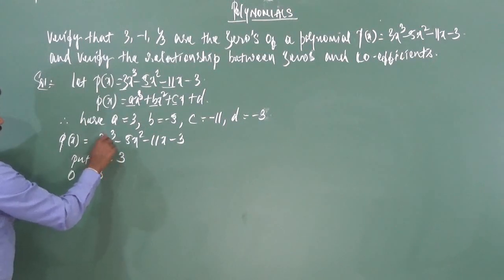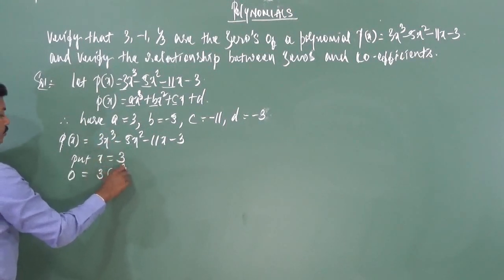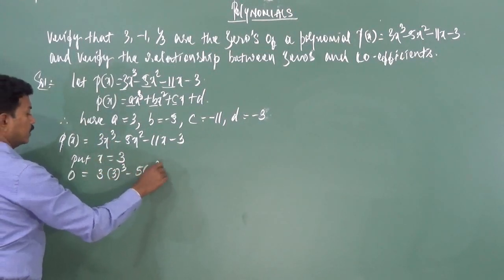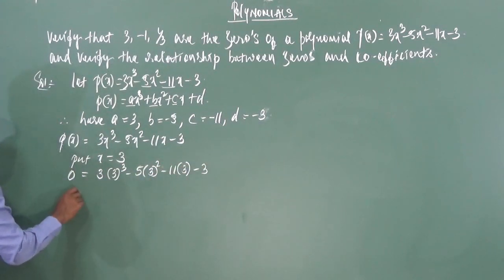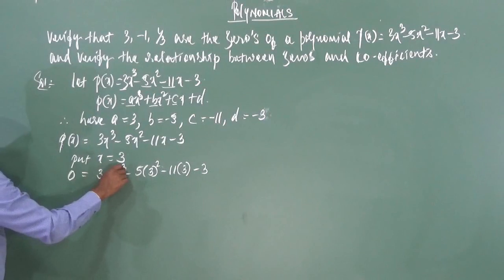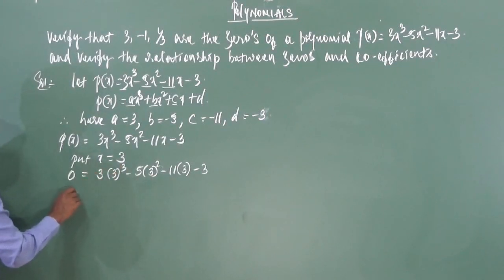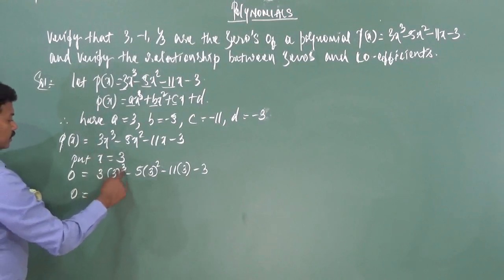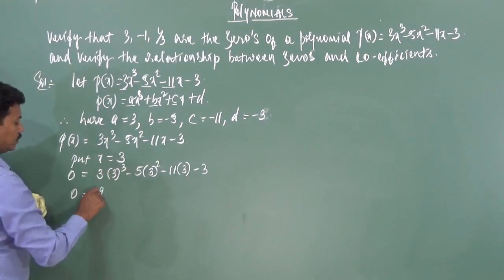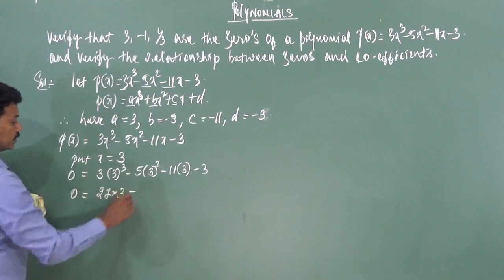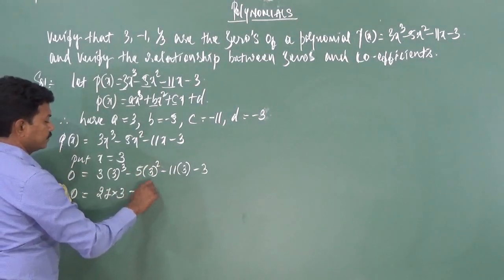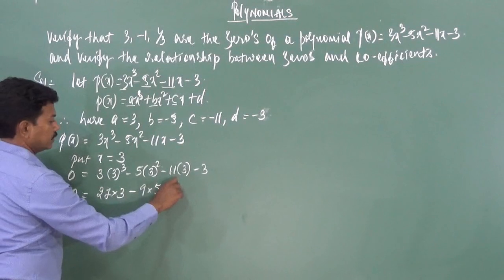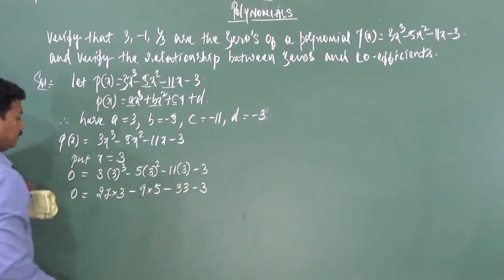So that becomes 3 cube minus 5 into 3 square minus 11 into 3 minus 3. So 3 cube is 27, 27 into 3, let's see whether it gets cancelled. 3 square is 9, 9 into 5 is 45, minus 11 into 3, that is 33, minus 3.